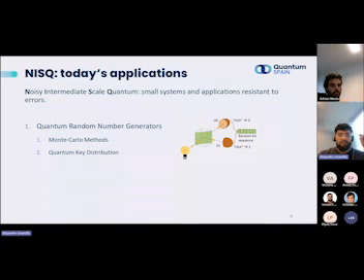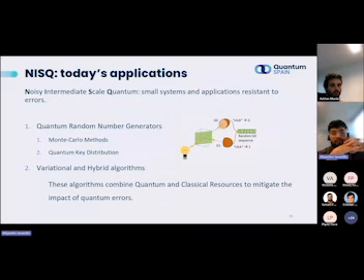And the second application, which is the one we'll be seeing in more depth, is variational and hybrid algorithms. These kinds of algorithms combine quantum and classical resources. So we have a part that runs on a quantum device, and another part that runs on a classical device.